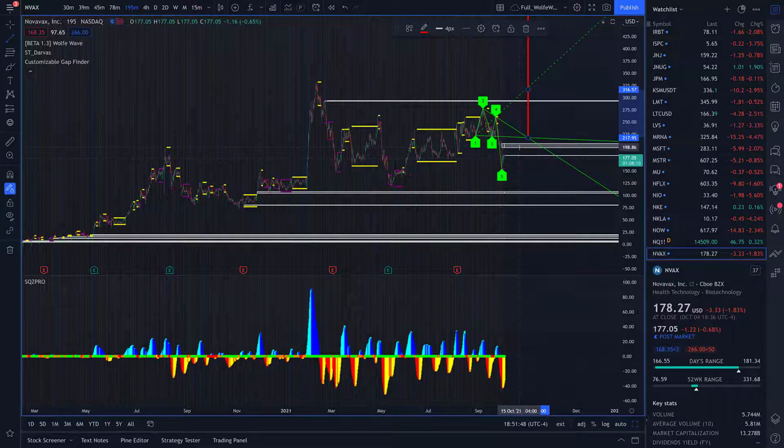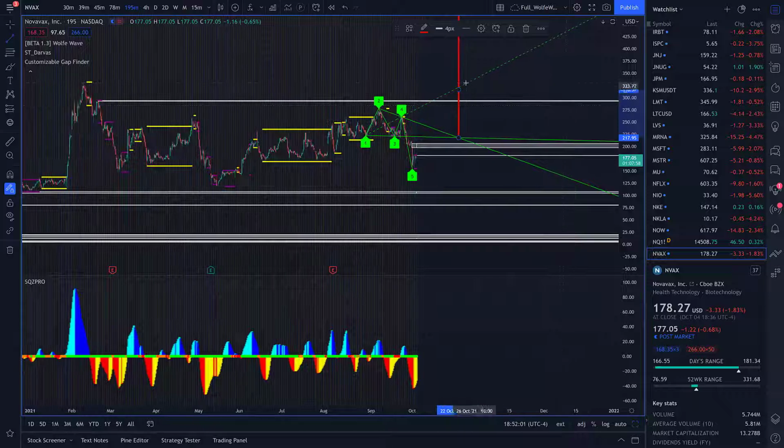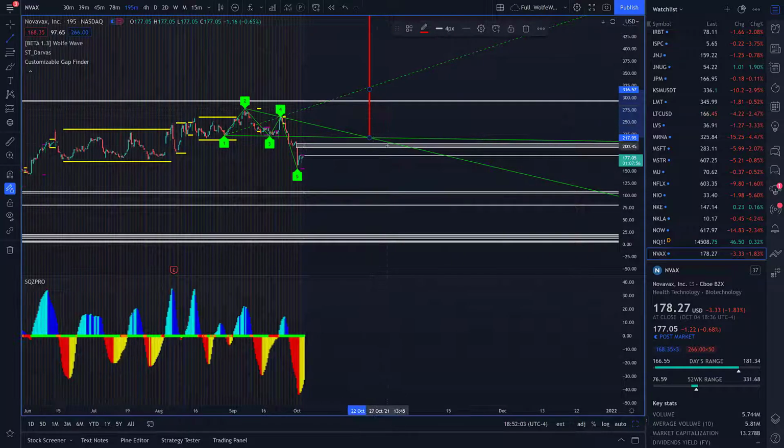So short-term target, obviously there's one at 205, and then there's another one here at 292, which would be like a top running into resistance. And then, you know, obviously sky's the limit on this. But yeah, these gaps do get filled and they can be used as targets. We use them a lot as targets.